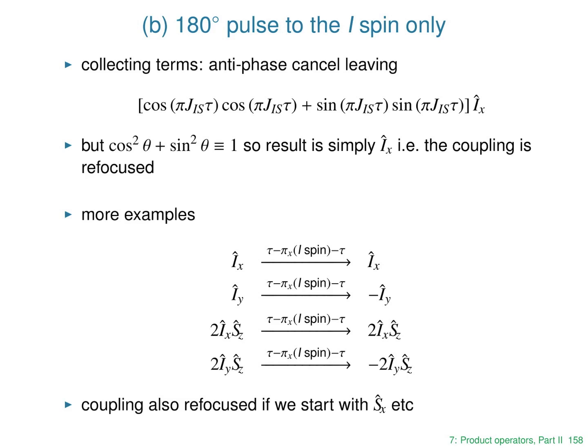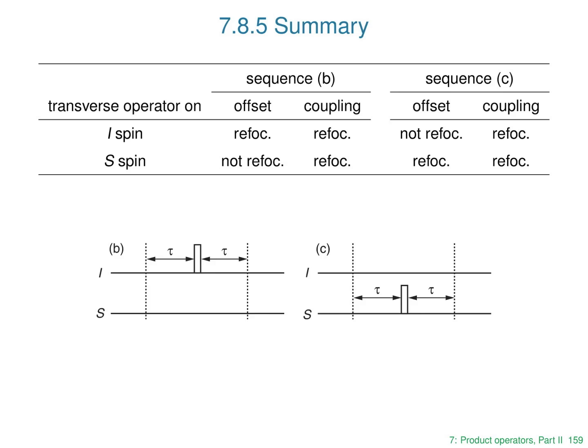So in summary, in the heteronuclear spin echo, you've actually got a lot of flexibility. Sequence B refocuses the offset on spin I, but not spin S. Sequence C refocuses the offset on spin S, but not the offset on spin I. And both of the sequences refocus the coupling.